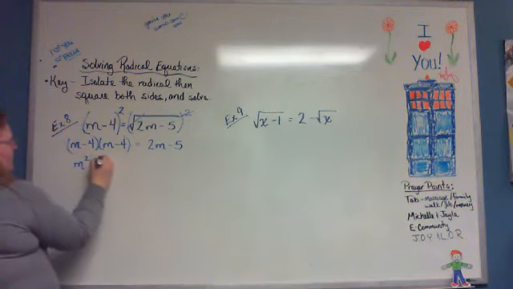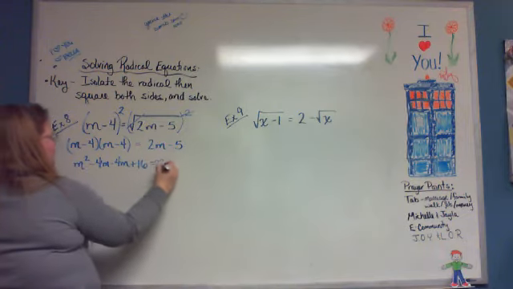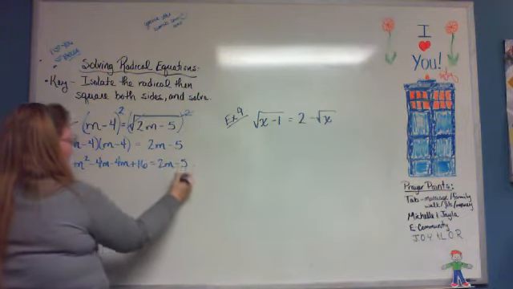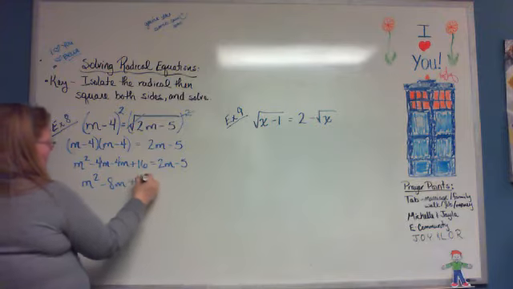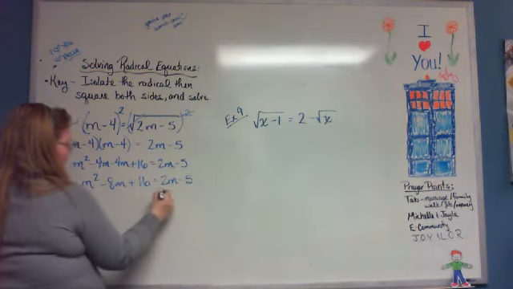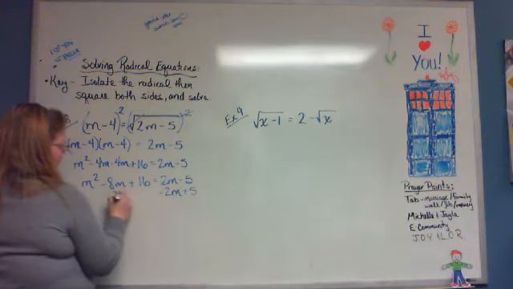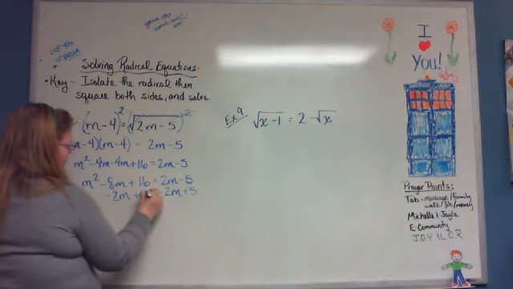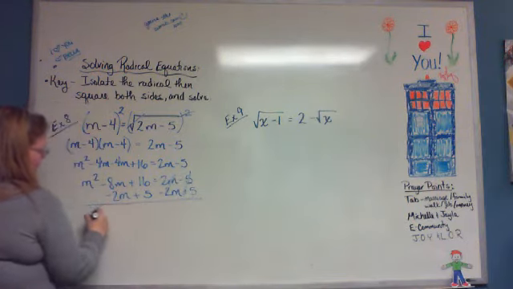So m squared minus 4m minus 4m plus 16 equals 2m minus 5. M squared minus 8m plus 16 equals 2m minus 5. Subtract my 2m and add my 5, so I can get it equal to 0.